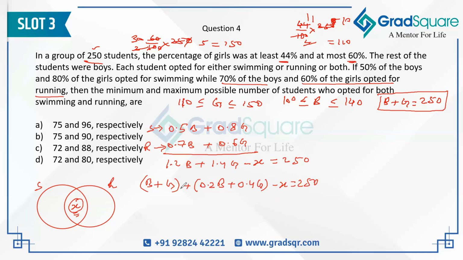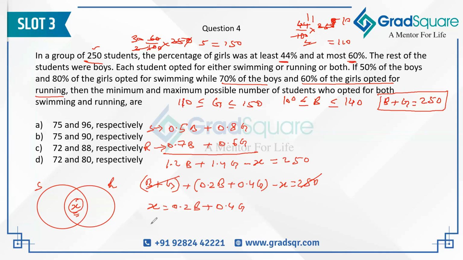Now b plus g is also 250, and there is a 250 over here. So I'm cancelling both, and I'm saying that the value of x, which is the number of people opting for both swimming and running, is 0.2b plus 0.4g. Correct.